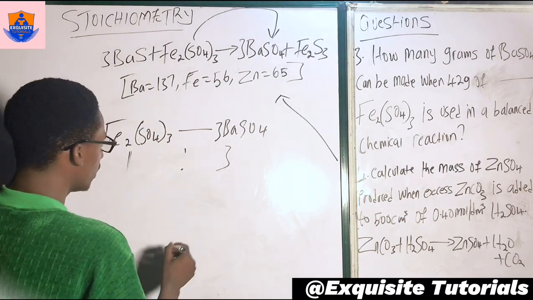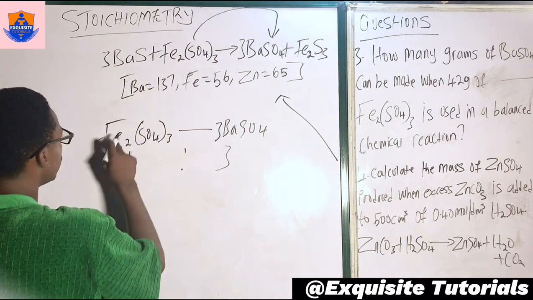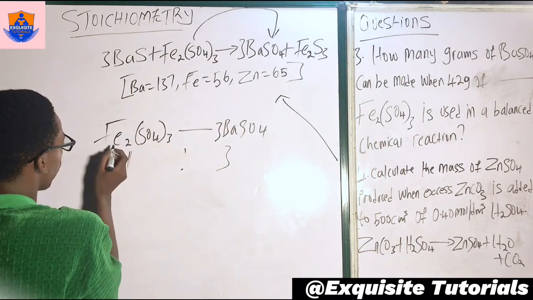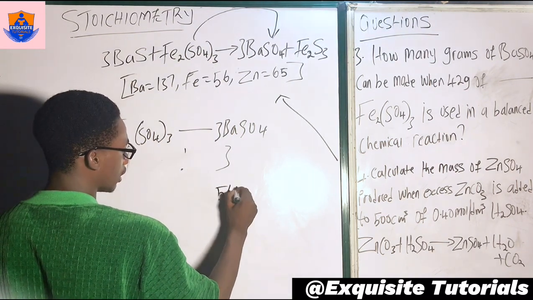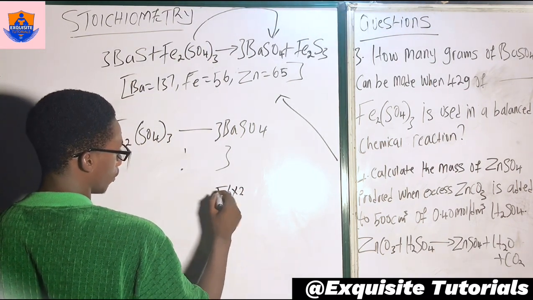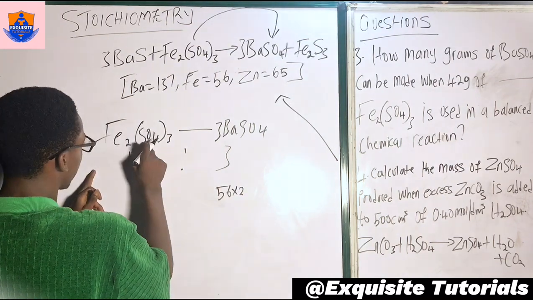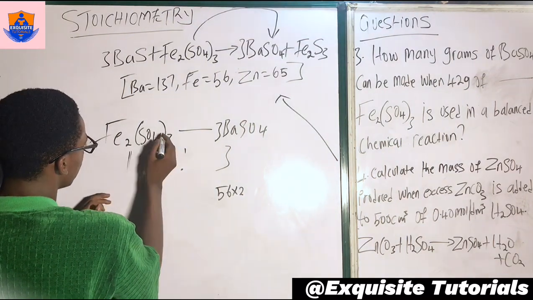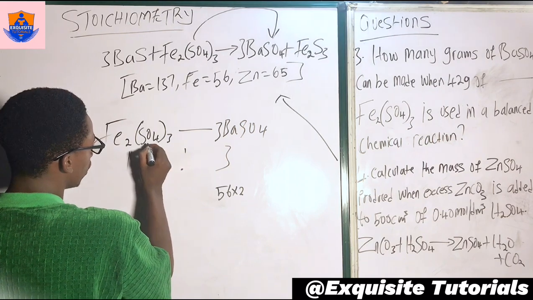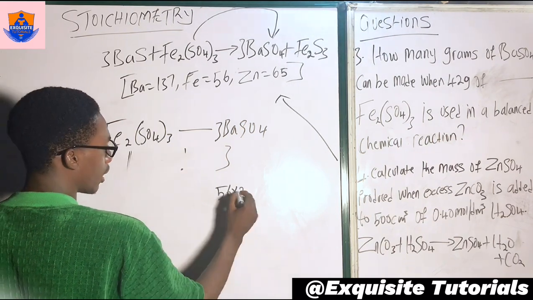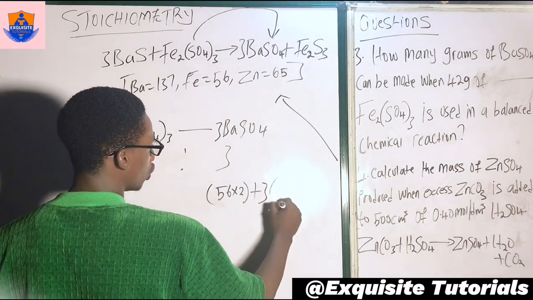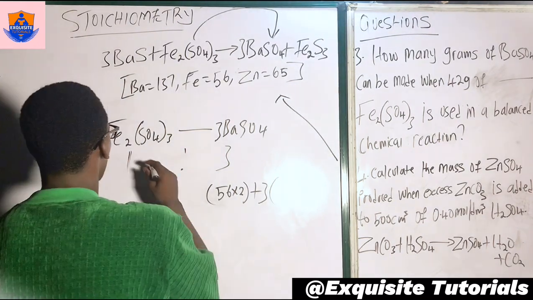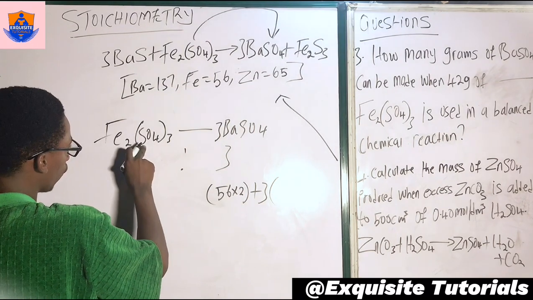We have Fe to be how many? 56, but we have Fe2, so I'm multiplying 56 by 2. The 3 outside the bracket means this 3 is multiplying everything in here. So we have plus 3 into sulfur, which is SO4, so sulfur is 1 here.